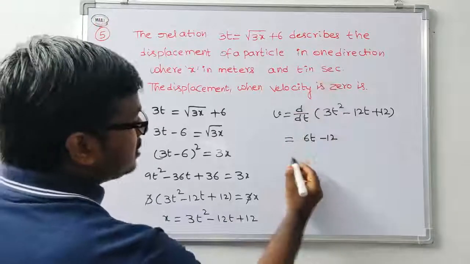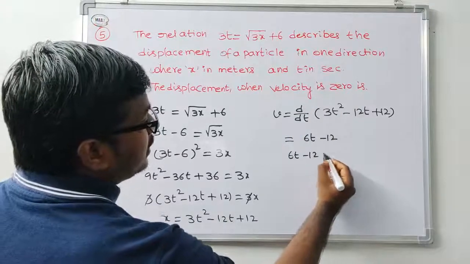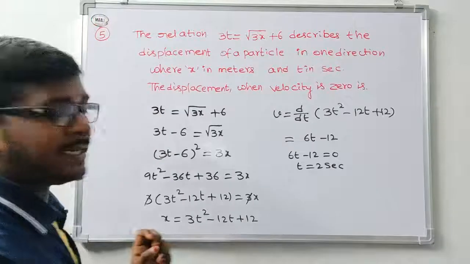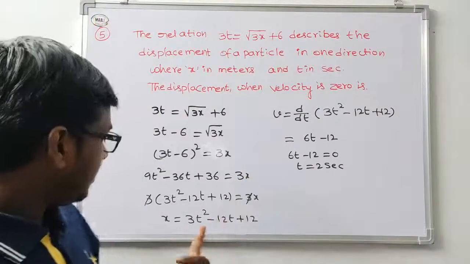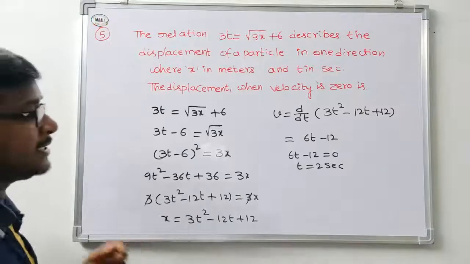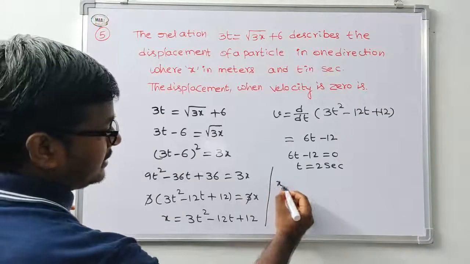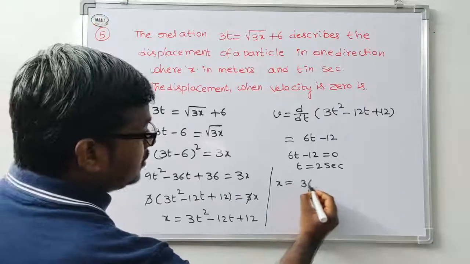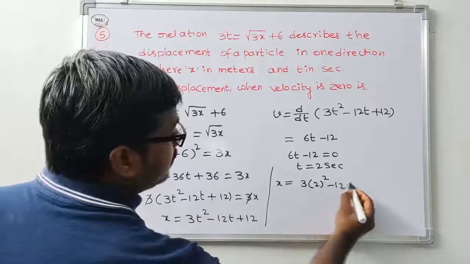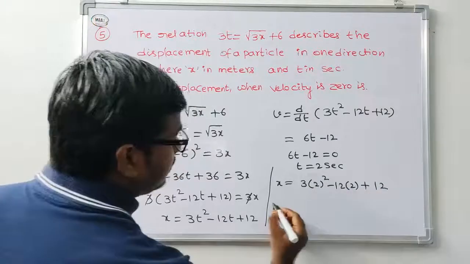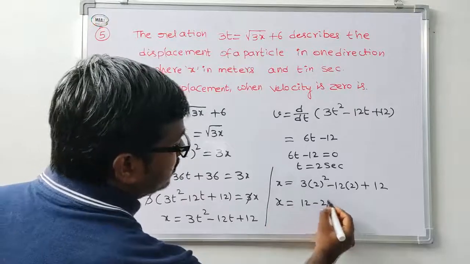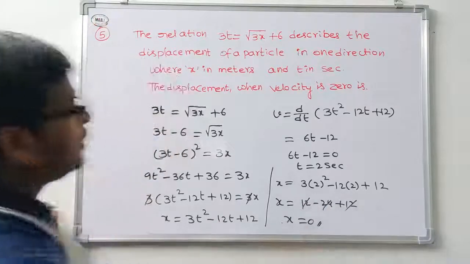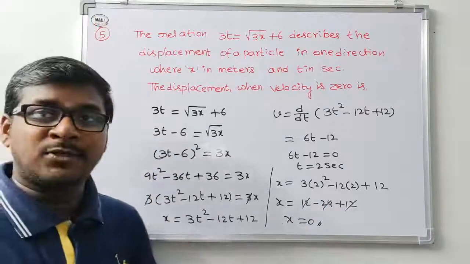Here velocity is 0, so 6t minus 12 is equal to 0, then t is equal to 2 seconds. Substitute t is equal to 2 seconds in the displacement equation. x is equal to 3 into 2 square minus 12 into 2 plus 12. x is equal to 3 fours 12 minus 24 plus 12. Okay, this totally cancels, then x is equal to 0. So when velocity is 0, the displacement is also 0.